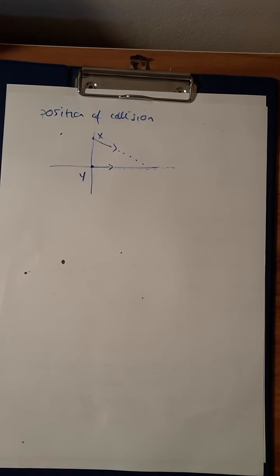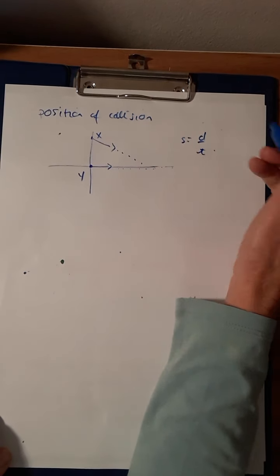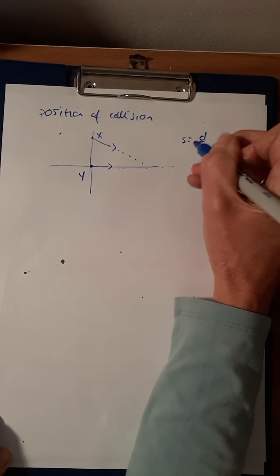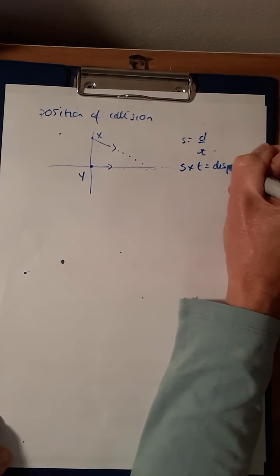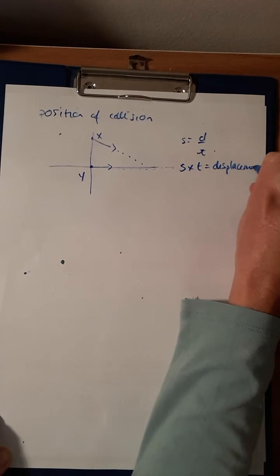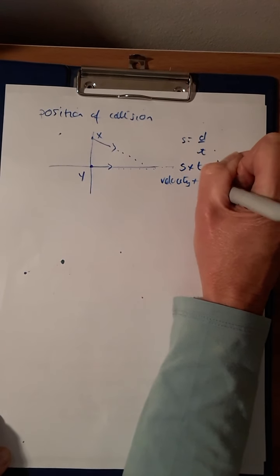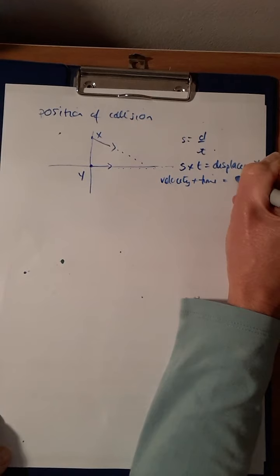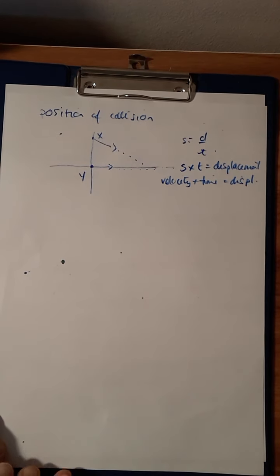Okay, so again, we're going to use the idea that speed is equal to distance over time. So the displacement in this case will be speed multiplied by time. I'm saying speed, but I suppose I'll say velocity multiplied by time will tell me the displacement, how far it's gone.